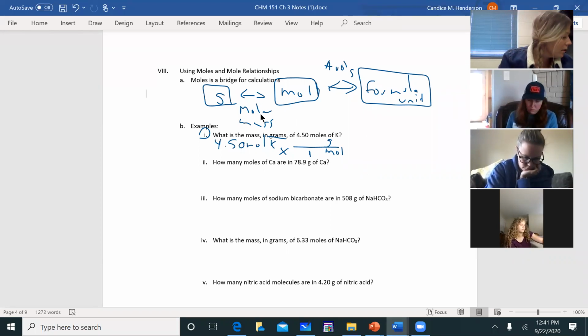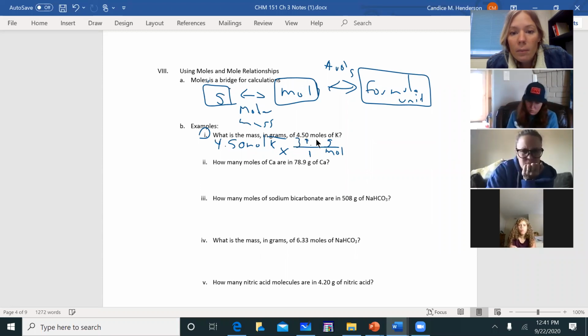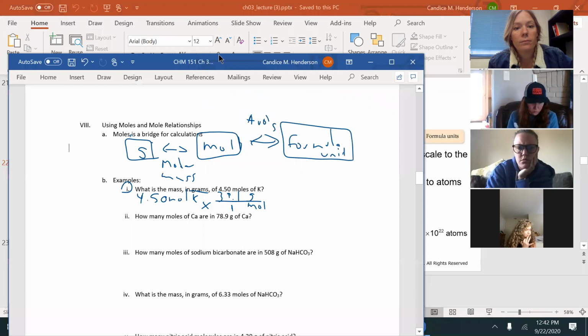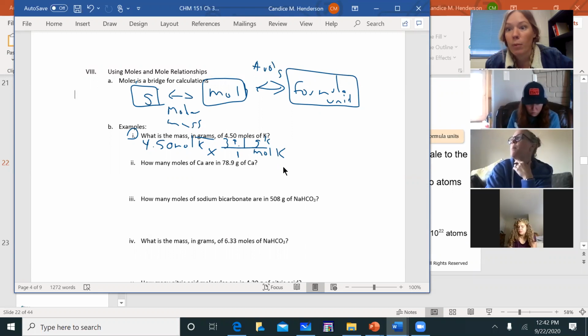So for potassium, 39.1 is close enough for that. 39.1. Okay. And you may want to start to get into the habit. Oh, come on. Sorry, my pen is giving me a hard time. You might want to start to get into the habit of putting it as grams of potassium and moles of potassium, because a little later in the chapter, we're going to have moles of both of them.